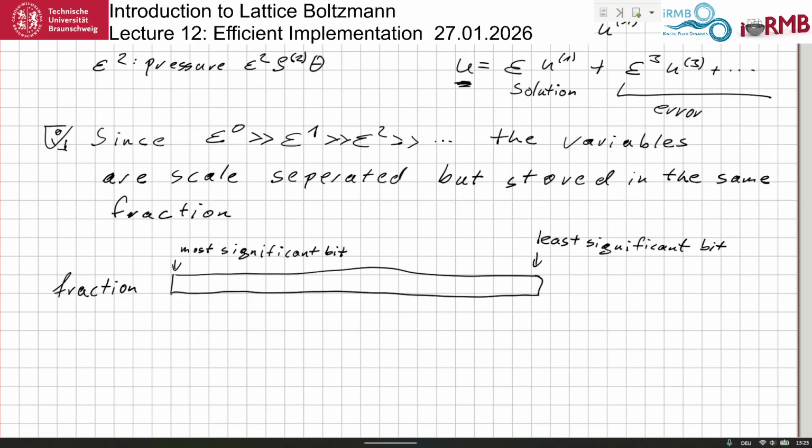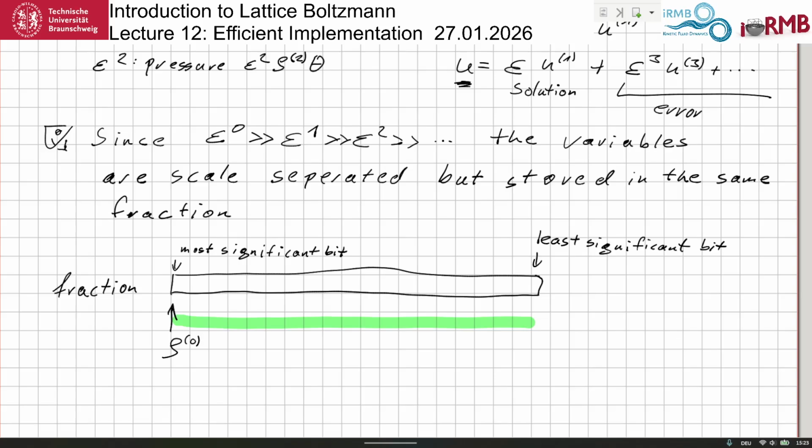So now all our moments are stored in the same fraction, in the same vector here. So for example, if we look at rho to the 0 order, this is a constant and it is the largest thing that we have. So what we'll observe is that this is using the entire fraction to be stored.